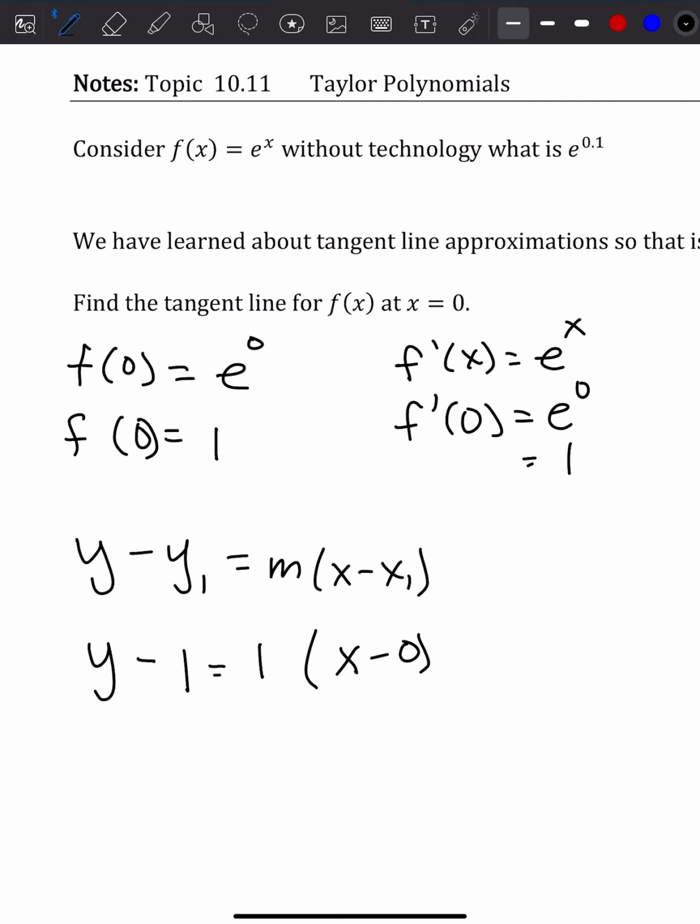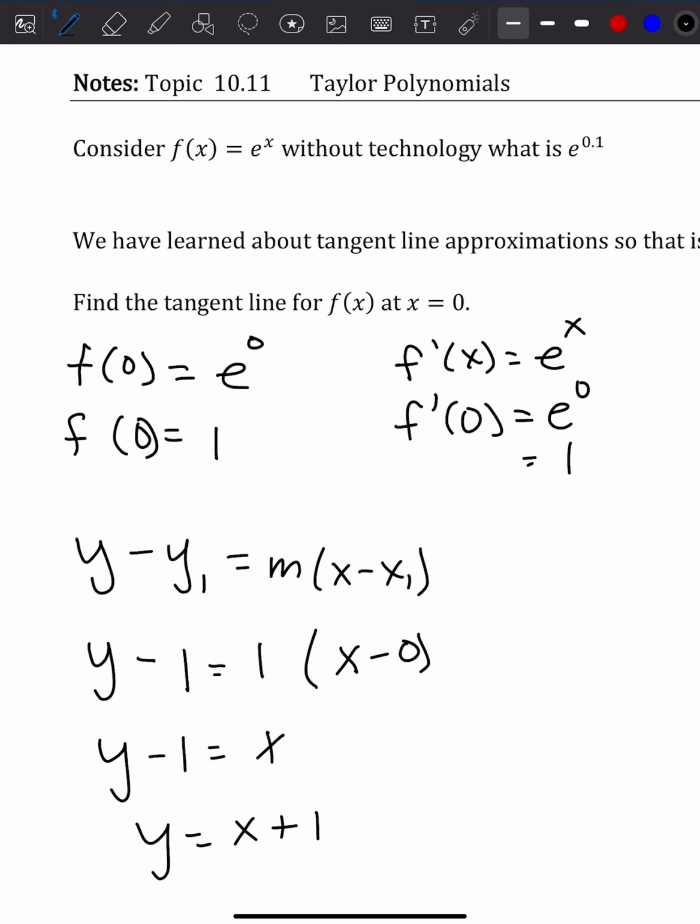If we simplify this, then we would probably say y equals x plus 1.